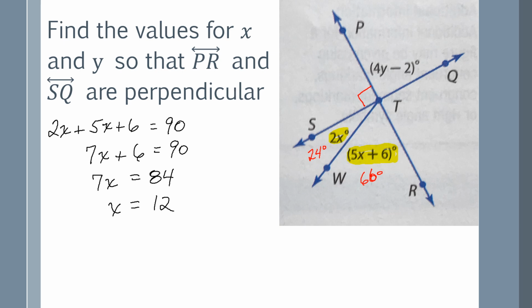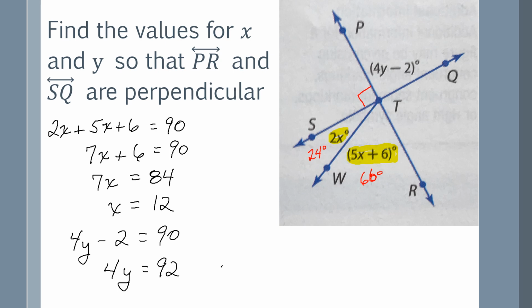Let's do our y value now. I don't have to mess around. I can just take the y value equation, 4y minus 2, and that would be equal to 90. So add 2 to each side, and I get 4y is equal to 92.